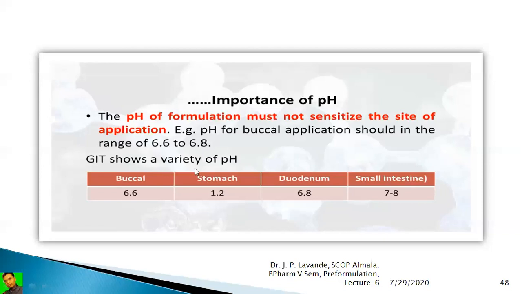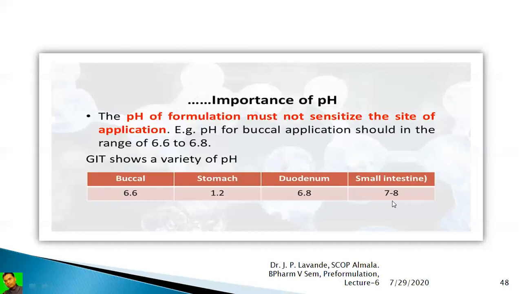The GIT shows a variety of pH, particularly when we start from the oral cavity, esophagus, stomach, duodenum, to the small intestine, and then to the large intestine. The whole region is said to be the GIT region, that is the gastrointestinal tract region. There is a variety of pH in the different regions of the GIT. For buccal, as I already told you, it should be 6.6. For stomach, it is 1.2. For duodenum, it is 6.8.